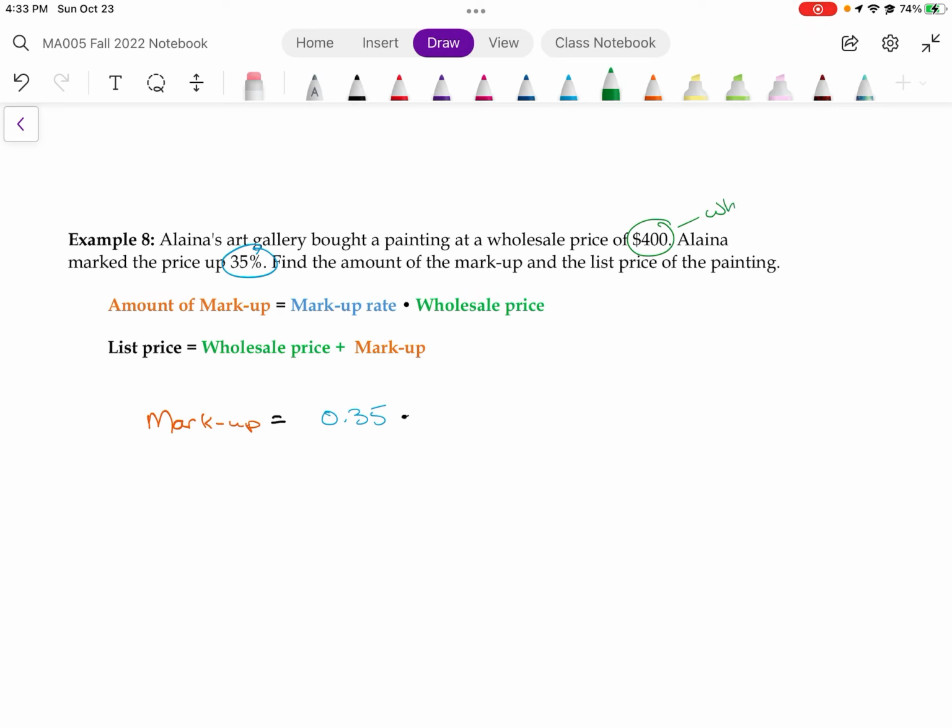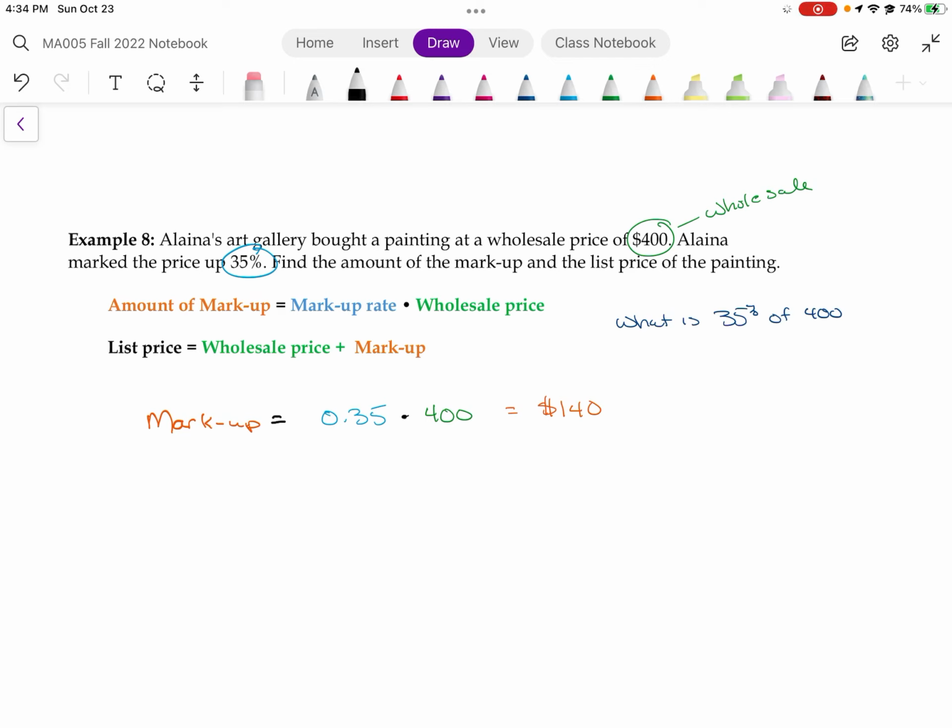This is wholesale, because she owns the store and she bought it at a wholesale price, right? So times 400. So the markup is 0.35 or 35% of 400. What is 35% of 400? That's all you're doing right here. And you get $140. So the markup is $140.